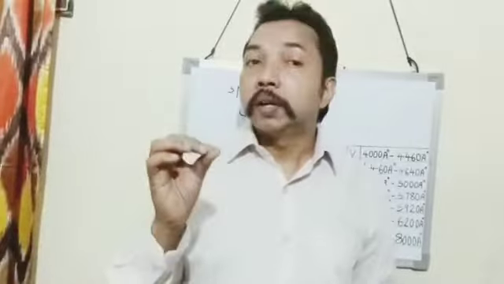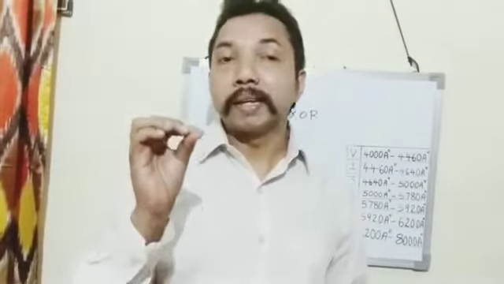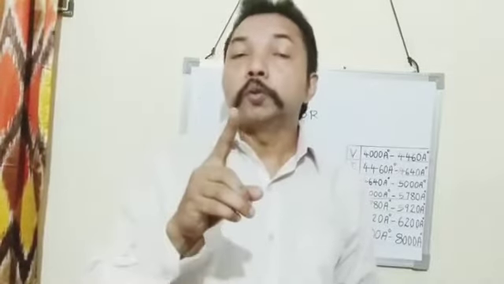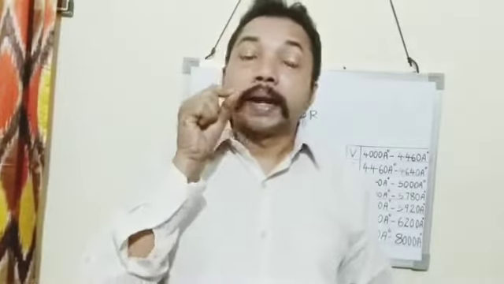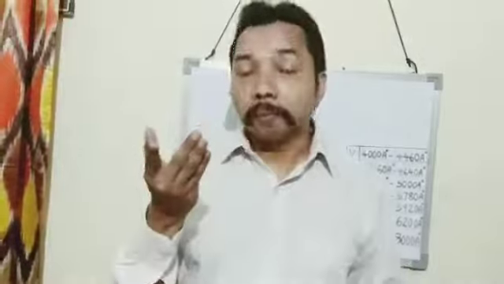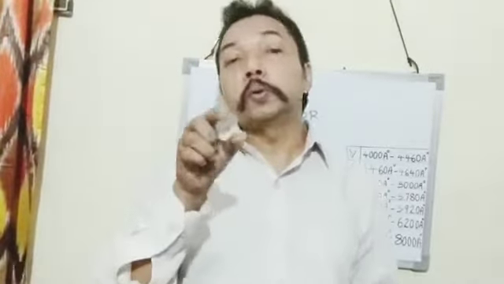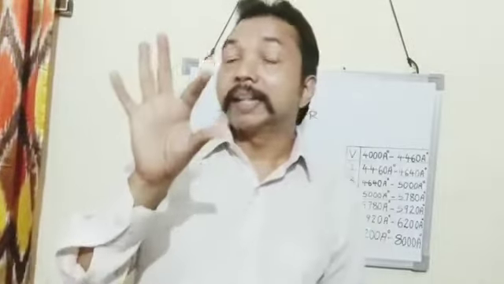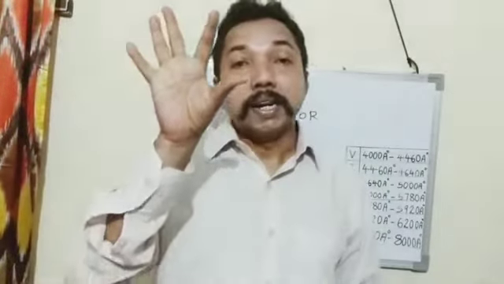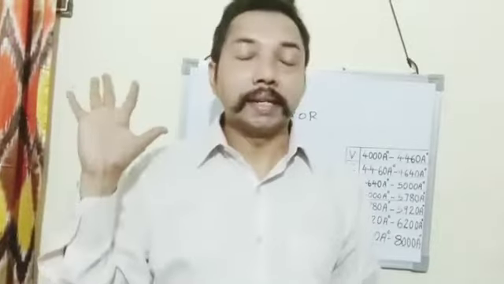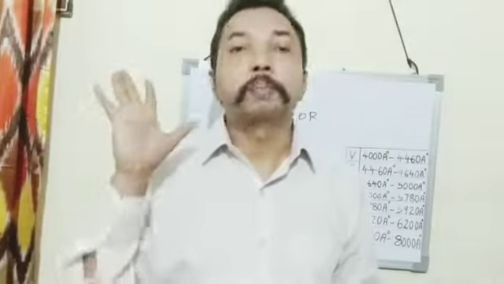Let us see Newton's experiment. In this experiment, he used a source of light that is used to produce a ray of light. Then he used a triangular prism and a white screen. Let us see this experiment.